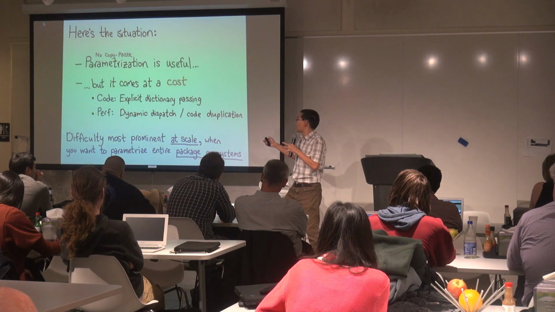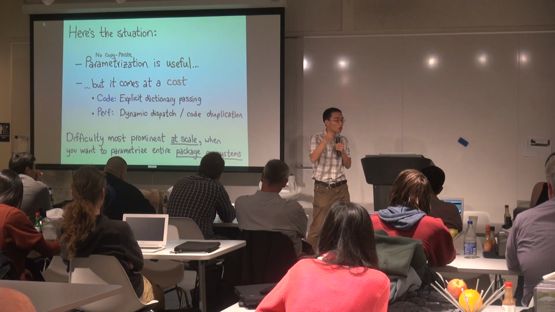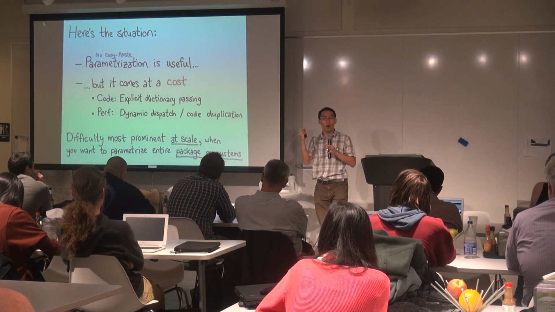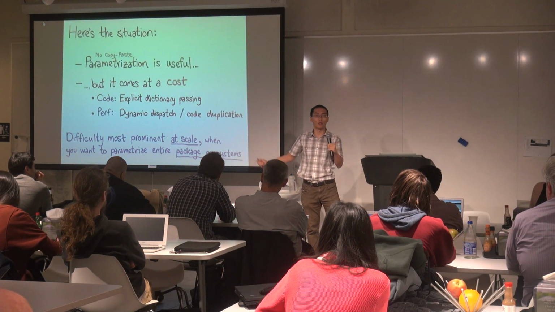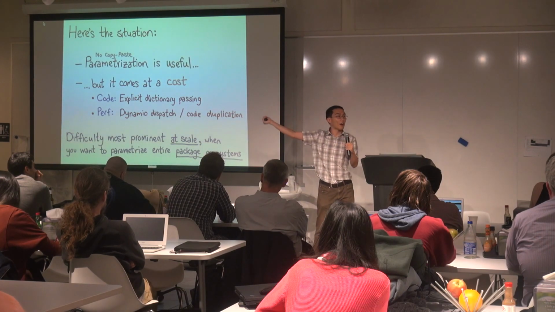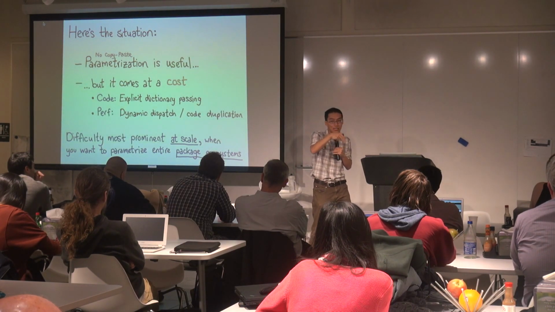So what we can say is that the problem of parameterizing code is most difficult when you're trying to parameterize a large body of code. If you're trying to parameterize an entire graph of packages, all of which depend on some basic type.